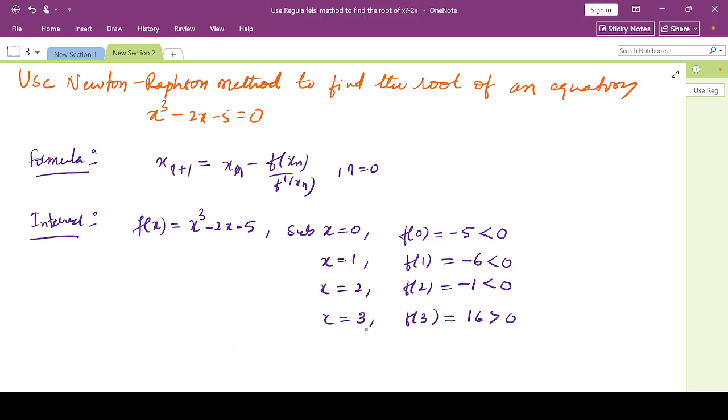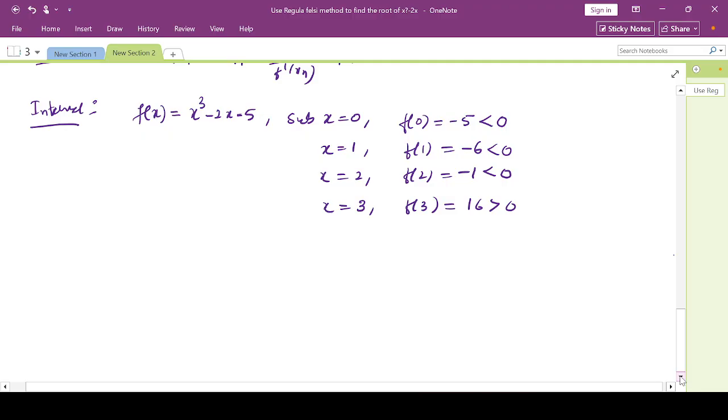As in the previous class, the root lies between 2 and 3. We write the value of x for which substitution in the given equation gives a negative value, that is 2, and then the value of x which gives a positive value. So the root lies between 2 and 3.